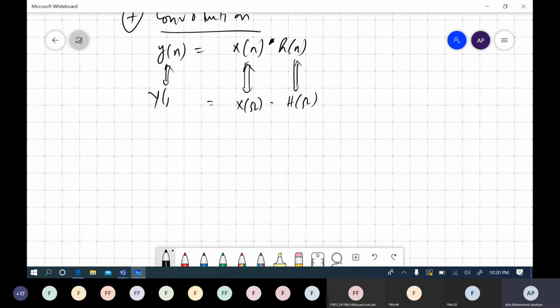So y of omega is the product of the two spectra.